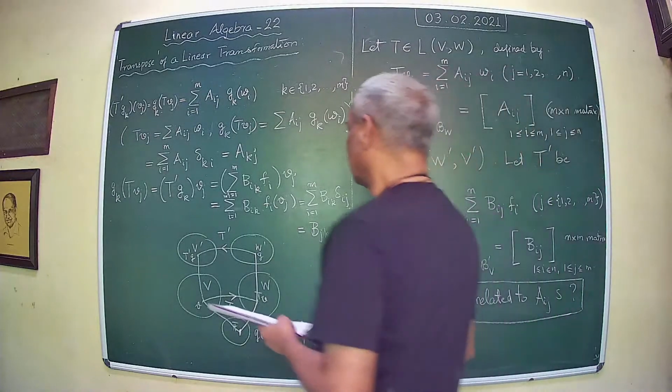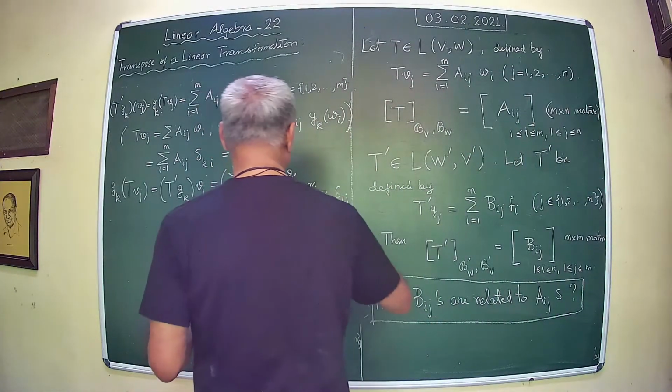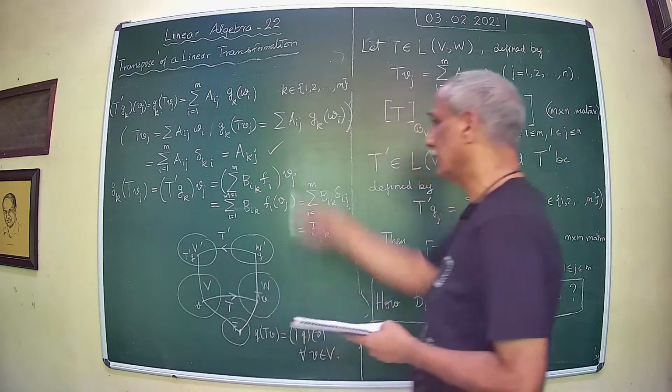Therefore you have two results. One is this one, the other one is this. So they are equal.